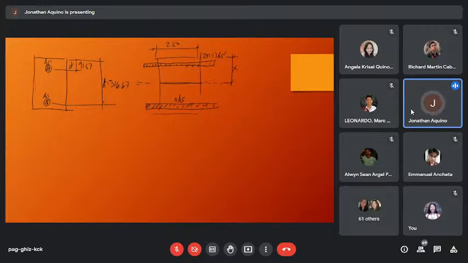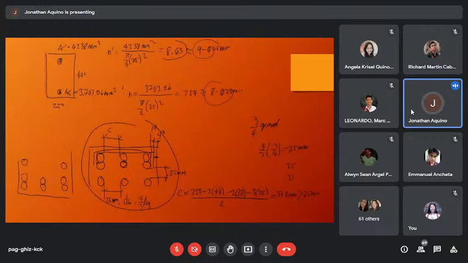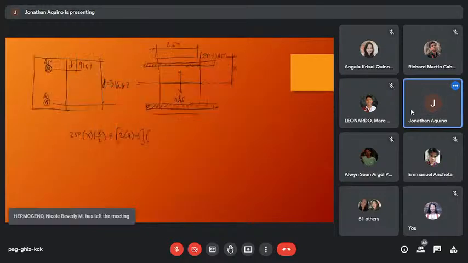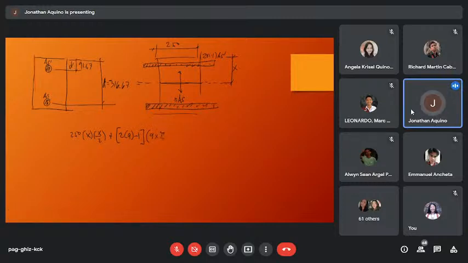So the moment of area above is equal to the moment of area below. The moment of area above is 250 times X over 2, plus 2n minus 1. Our n is 9, so 2 times 9 minus 1, times AS, where AS is the area of the 25 millimeter diameter bars.